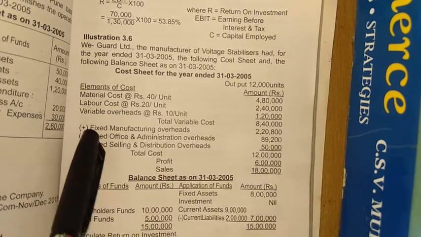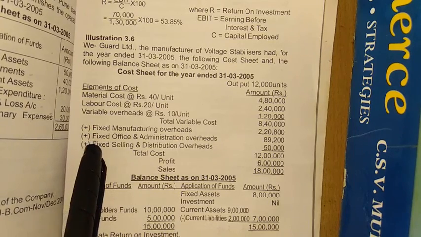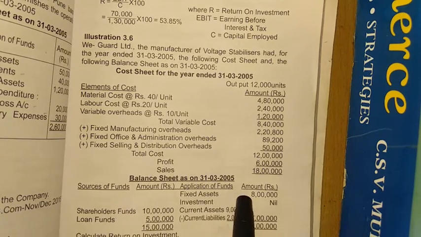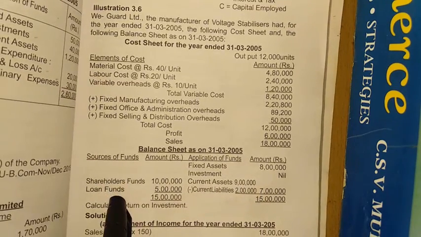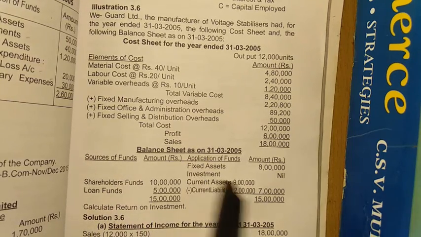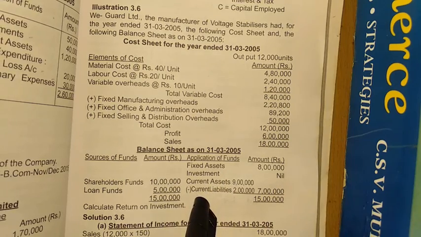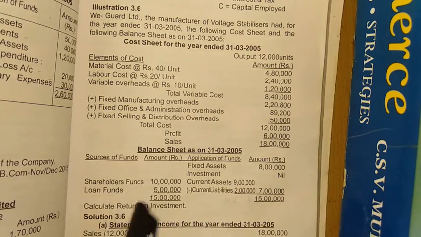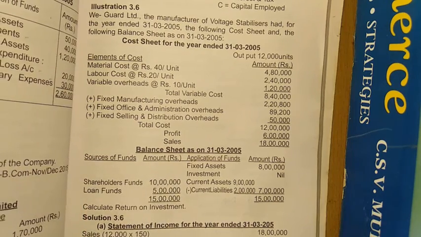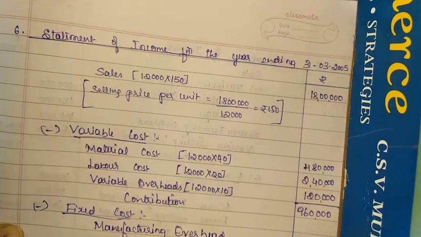So this information we require for calculating EBIT through statement of income. Then balance sheet information given. This is important for calculating capital employed. Shareholder fund, loan fund. So there are only two capital funds. So add these two, and if there is an investment, that we have to deduct. So there is no investment and no fictitious assets. So we need to take only two items that represent total capital employed. So calculate return on investment. Let's go for solving this problem.